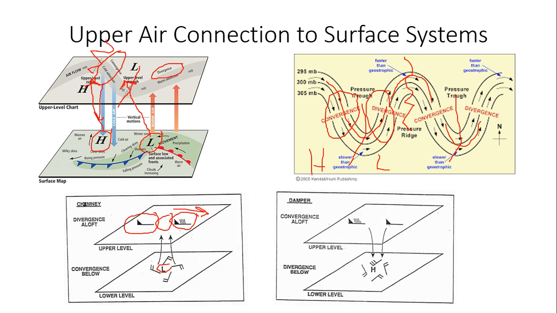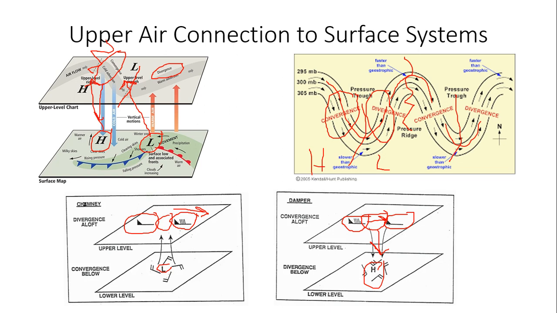If I have speed convergence, now I have the slower wind speeds out ahead at 50 knots, and then I have a 95 knot wind blowing into a 50 knot wind. That's going to result in an accumulation of mass at this point and sinking air motion and the development of high pressure at the surface. So you see how everything is linked.